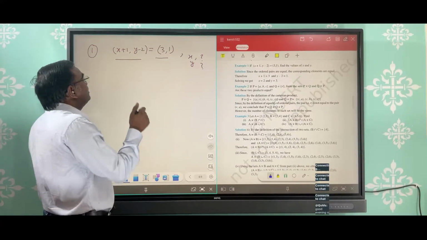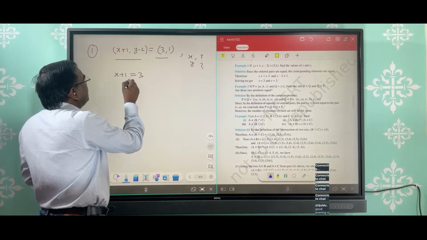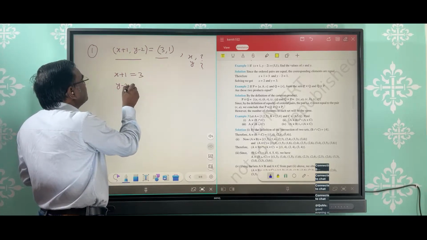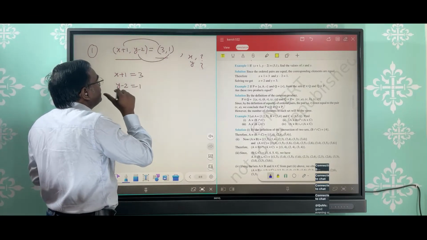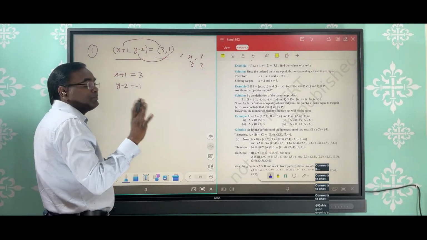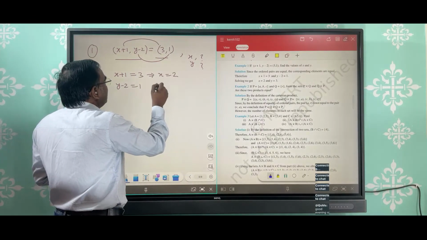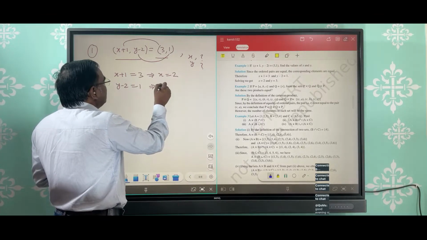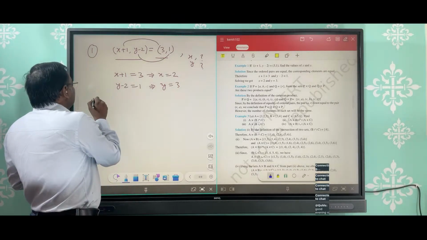That means x plus 1 is equal to 3 and y minus 2 is equal to 1. First element is equal and second element is also equal respectively. So this will give x is equal to 2 and y is equal to 3. So we now have the x and y values.